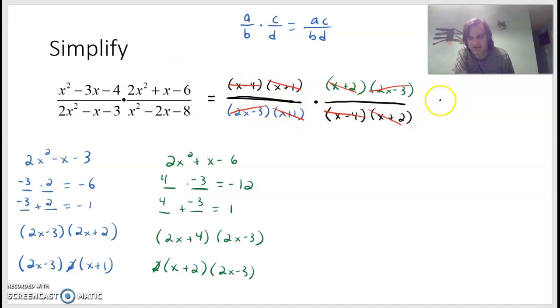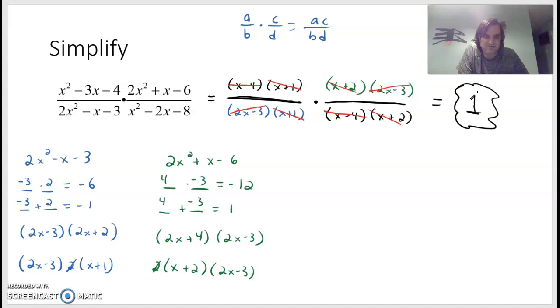So if you had something like 5 over 5, you'd reduce it down to 1. So if the numerator and denominator actually turn out to be the same, or everything cancels out, the result is 1. So this big complicated product of fractions was just an unnecessary complicated way of writing 1.